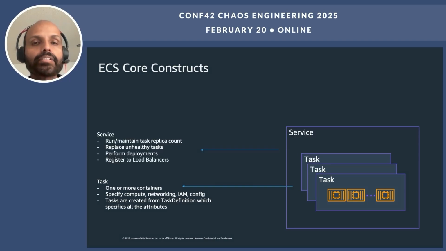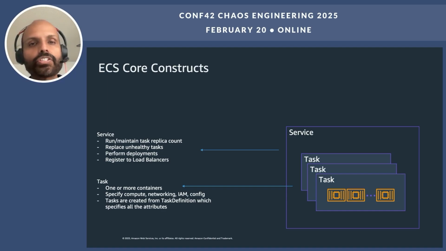And then I mentioned the orchestration activities of healing failed containers, replacing them, managing the scaling of the containers, performing deployments of the latest code to existing containers. All of those activities are managed by what's called a service.